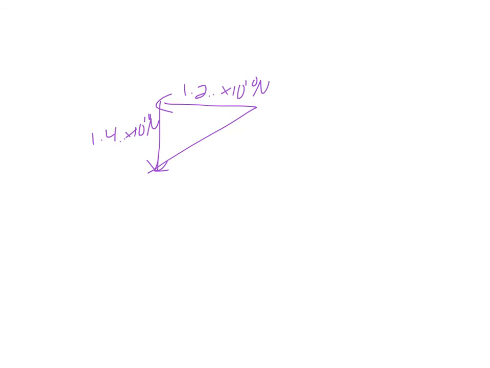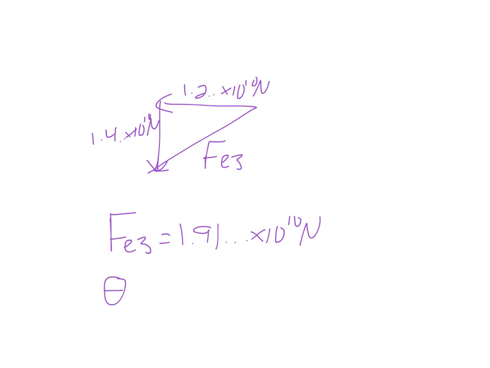So here's my resultant. This is the net force on 3. So Pythagorean theorem again, I'm not going to write it out. This equals 1.91, keeps on going, times 10 to the 10th newtons. My angle, we're using inverse tan. This is the angle I want of y over x, and this comes out to 48.3, keeps on going degrees, because they're both negative.